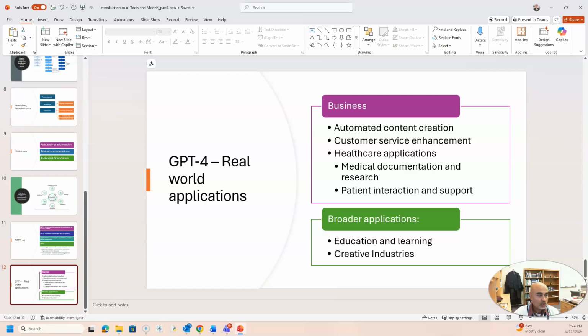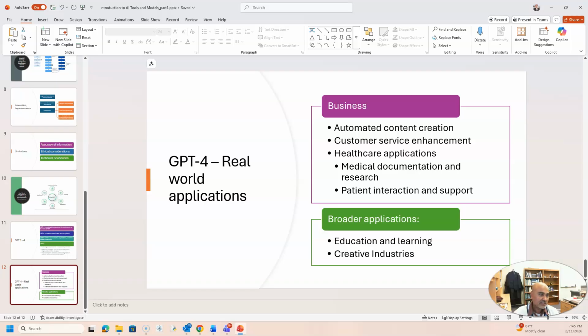Medical institutions can use this to summarize some of the medical material, which would help the clinician to stay current, and it would save time and enhance patient care by supporting some of the informed decision making that you can see from GPT-4. It also has enhanced patient engagement, interaction and support.